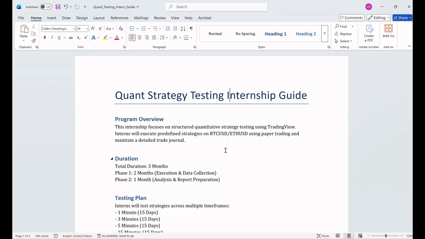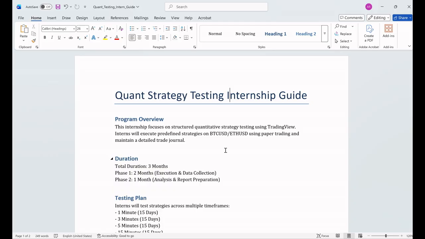Now let us talk about the duration of the internship. The total duration is 3 months. Out of these 3 months, the first 2 months are dedicated entirely to execution and data collection. During this phase, your only job is to execute trades based on the strategy and record all the details in the trade journal system. You are not required to analyze deeply during this phase. Your focus should be on consistency.